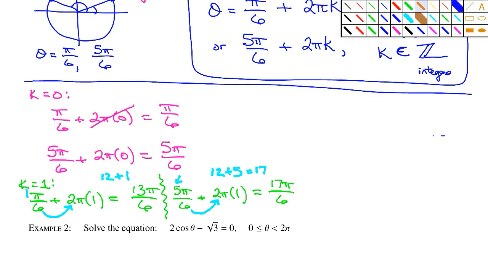You could continue, choose another value of k. Let's say k is equal to 2. So we get pi over 6 plus 2 pi times 2. Again, using my trick, this would be 6 times 4, because you get the 2 and the other 2 is 4. So 6 times 4 is 24, plus 1 is 25.